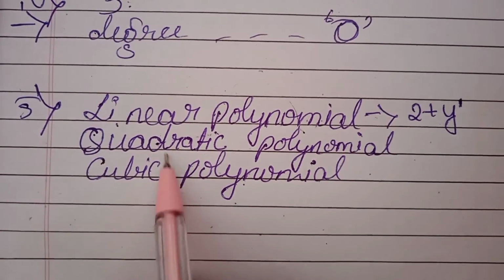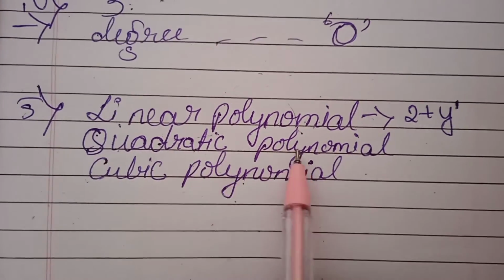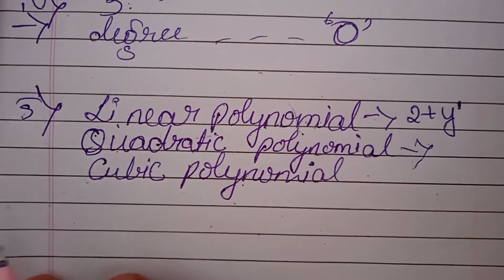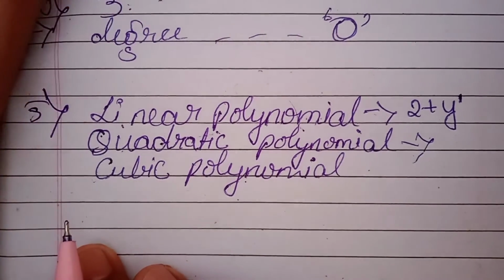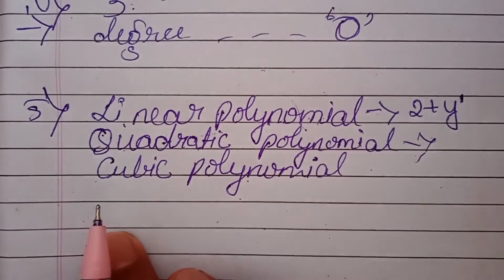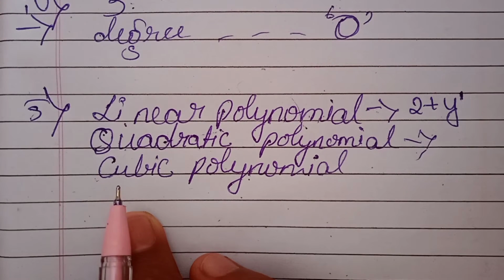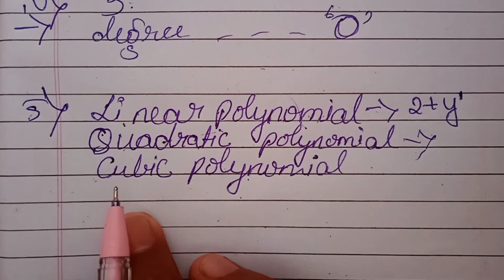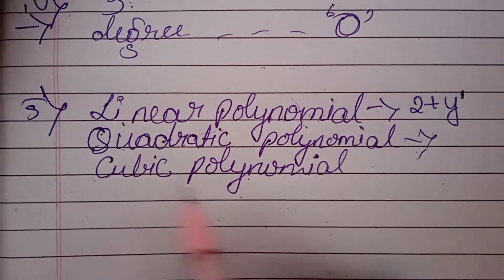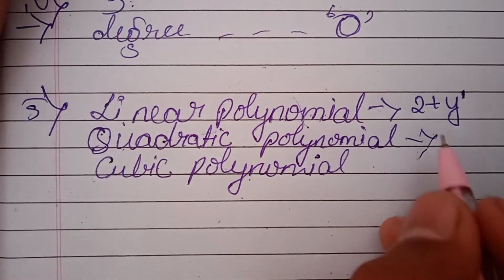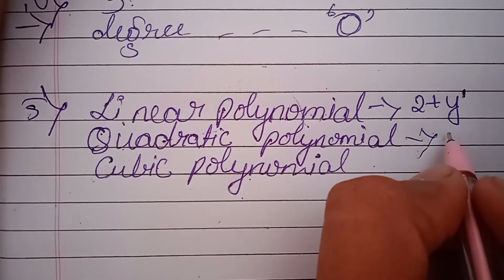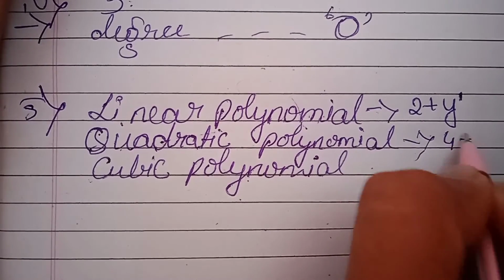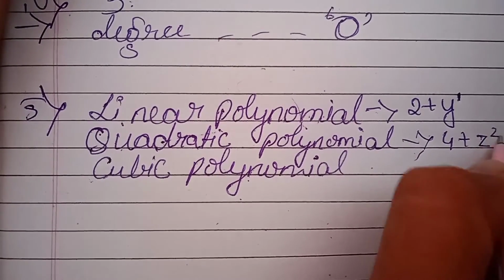Okay friends, now we will go to the quadratic polynomial. In a quadratic polynomial, the degree, exponent, power of the variable, whatever you call it, is equal to 2, then the expression is called a quadratic polynomial. For example, 4 plus z square.